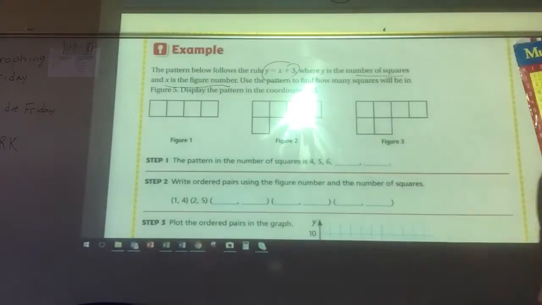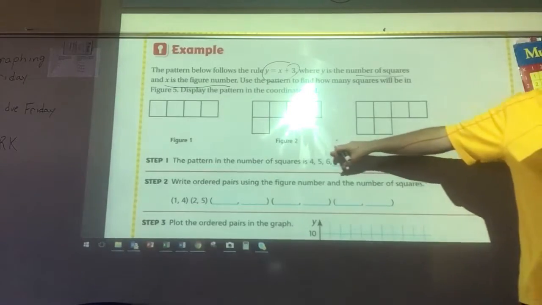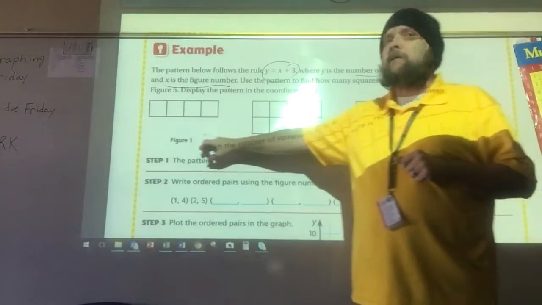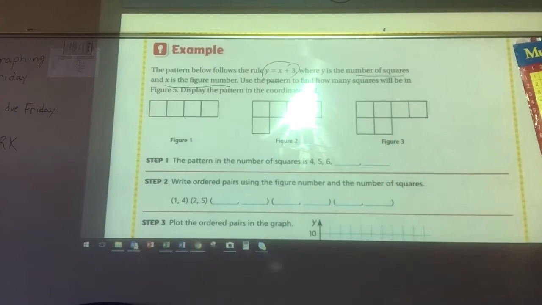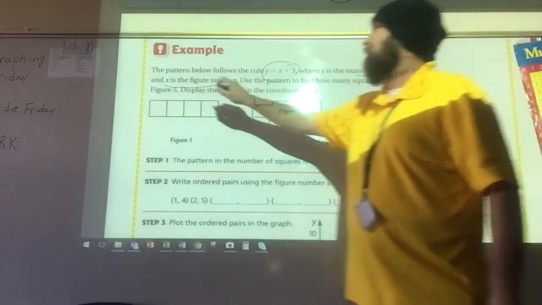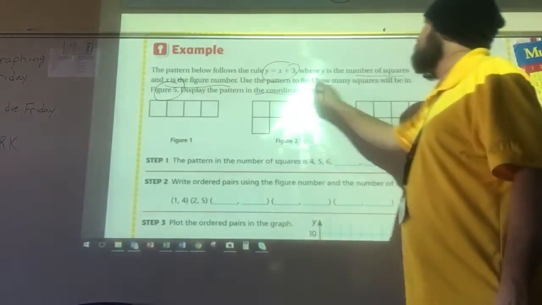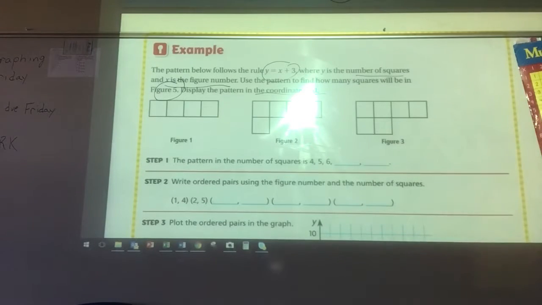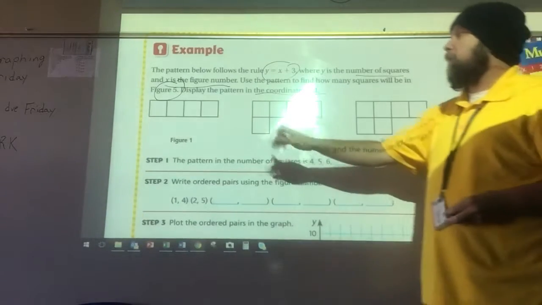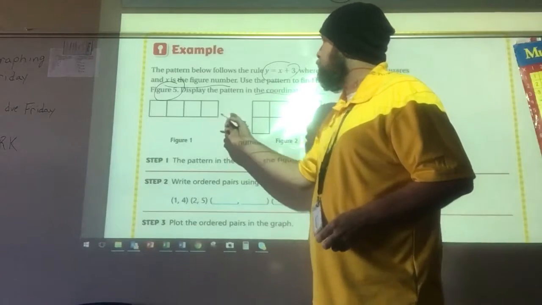If you didn't know what a figure was, it's written right here. Find out how many squares will be in figure 5, and then display the pattern in the coordinate grid. Coordinate grid's down below. All right, so what would the ordered pair be for figure 1?